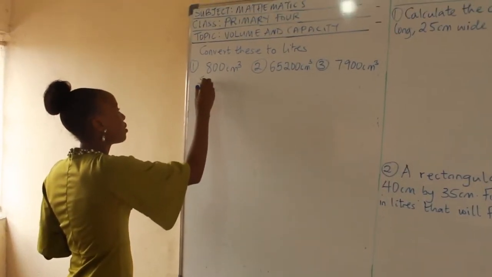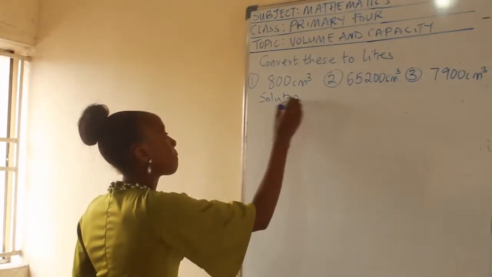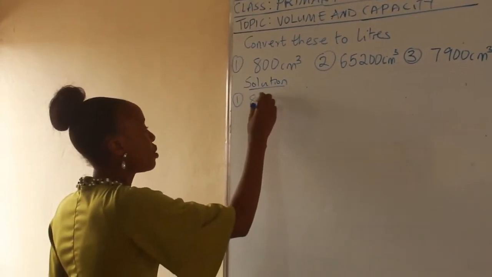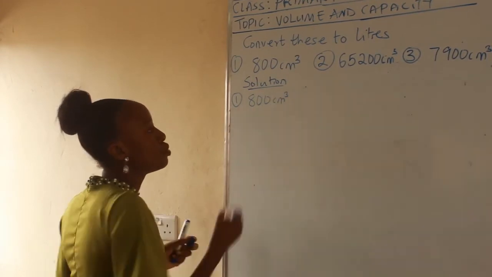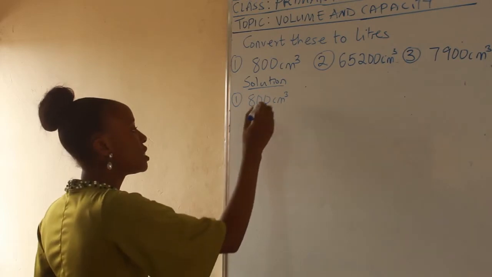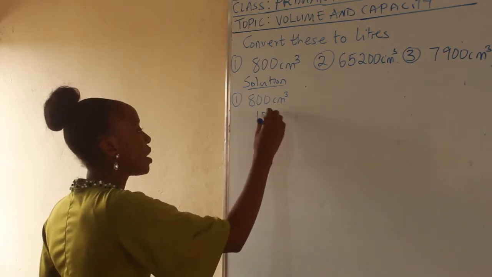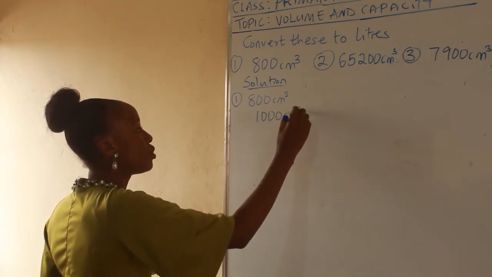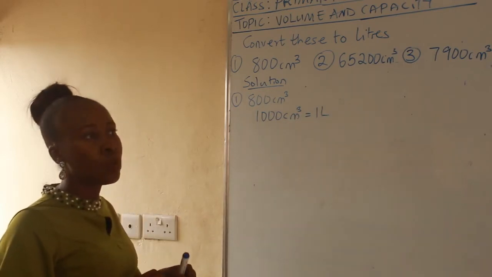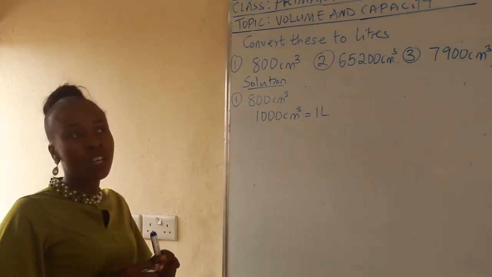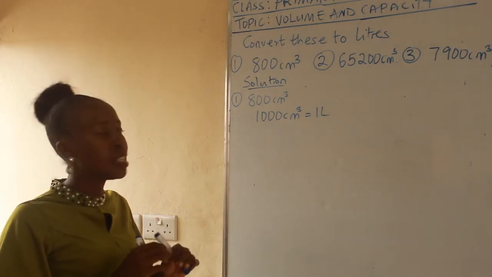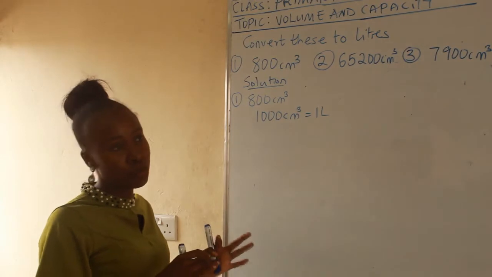Alright. Question number 1 is convert 800 cm cube to liters. And remember the relationship between cm cube and liters is that 1000 cm cube equals 1 liter. And if 1000 cm cube equals 1 liter, 800 cm cube is... cm cube, like I said earlier, is the smaller unit of measurement.